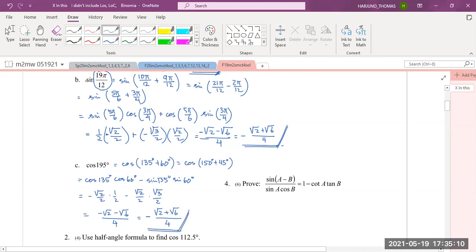So if we convert this to degrees, this is 285 degrees. Is sine 285 degrees equal to cosine 195 degrees?